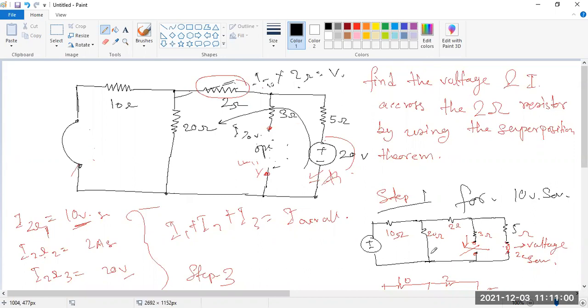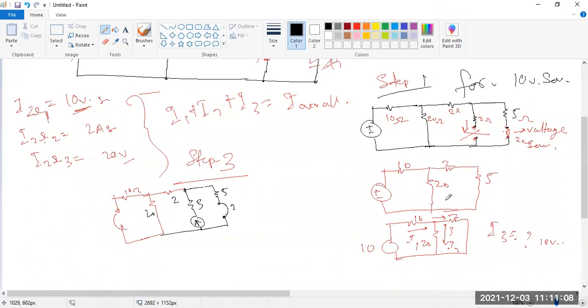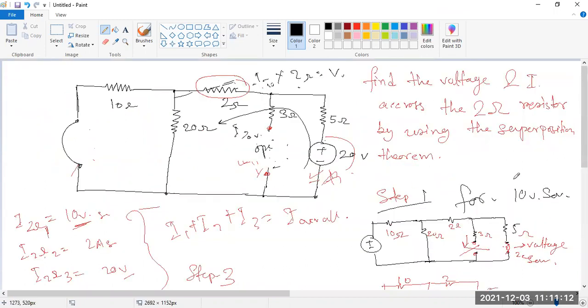Tomorrow I will solve it, and do it in your own hand. This is very simple math. Just put the KCL, then just sum it. Okay, so I'll stop here.